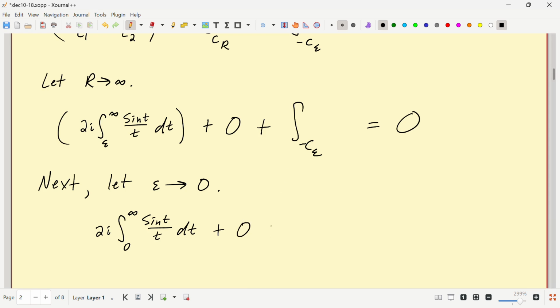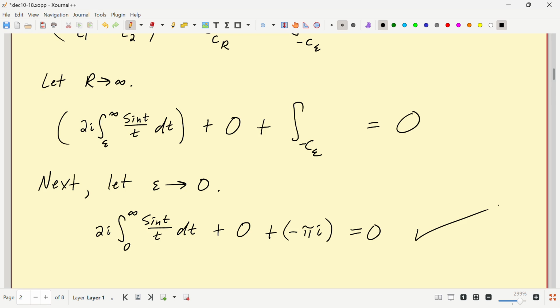And now this one goes to plus minus pi i equals 0. And check. We get what we want. The integral from 0 to infinity would be pi over 2. And the whole thing would be pi. Questions about that? That's a beautiful, famous calculation. It's in every book when you talk about the residue theorem.